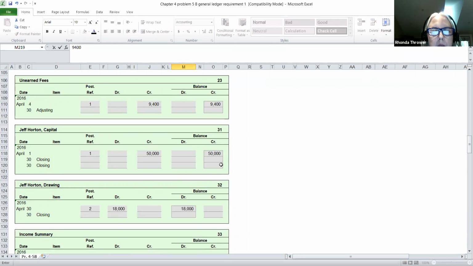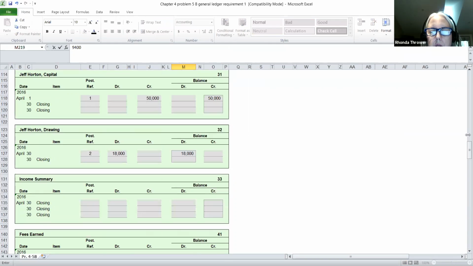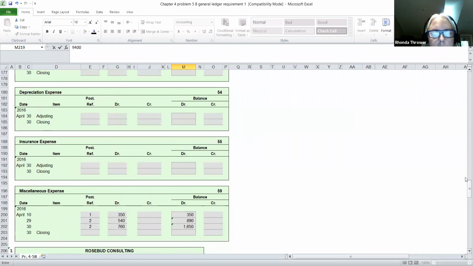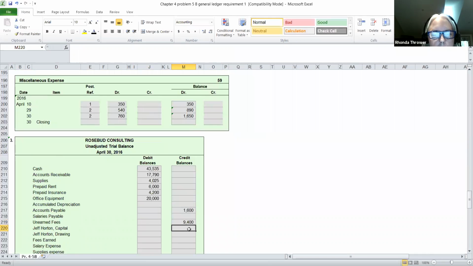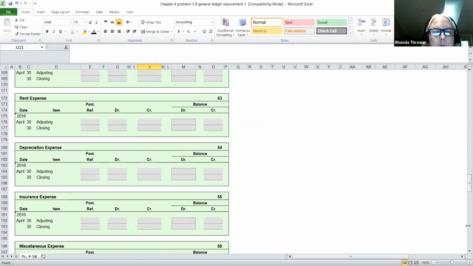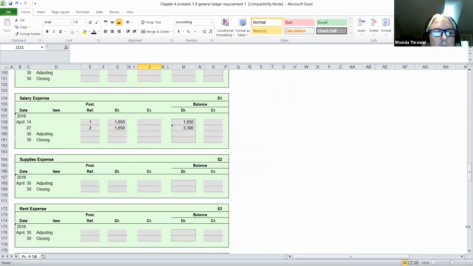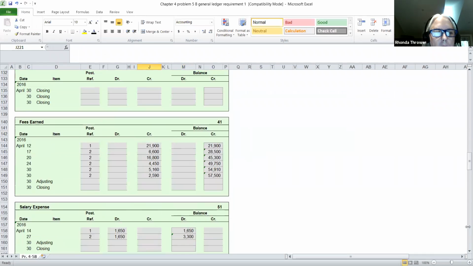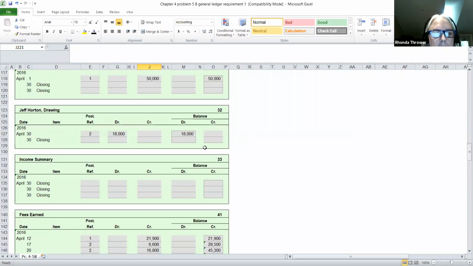Then I'll pick up my capital balance, which has a credit of $50,000. And then I'll pick up the debit balance that is going to be in my drawing, because remember, drawing has its increase side on the debit side.